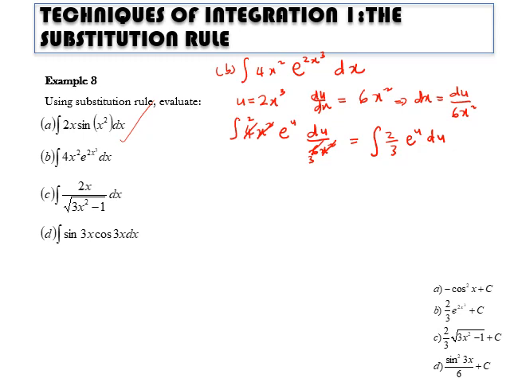So integrate exponent u du, you imagine as you integrate exponent x dx. So it will just be 2 over 3 exponent u plus c. So now you need to substitute back the u. So the answer will be 2 over 3 exponent 2x power 3 plus c. So that's it.